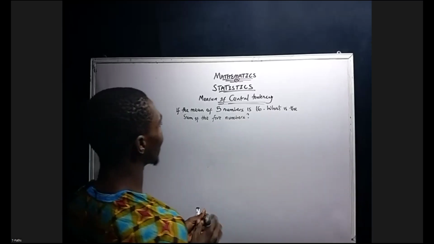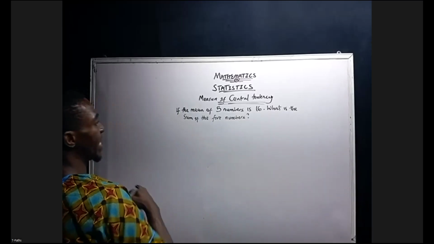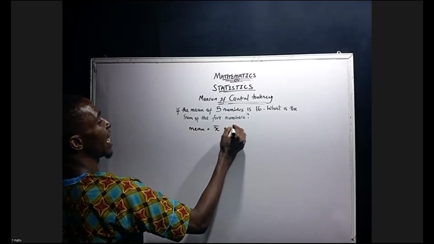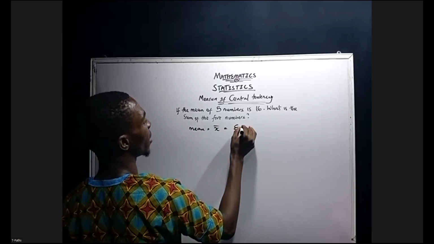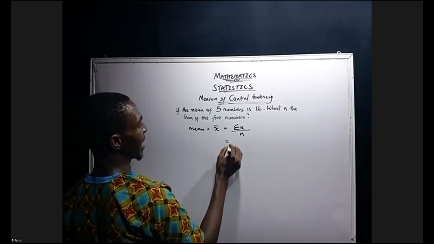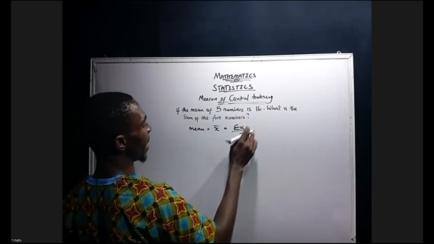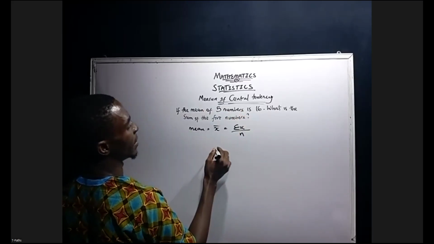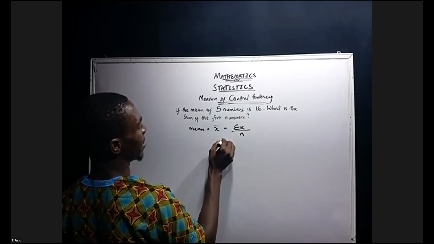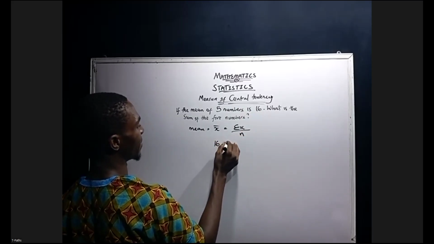Remember the formula for the mean. Mean equals x bar, and that is the summation of x over n. Now, this one says that the mean of 5 numbers is 16, so that means 16 is the mean.